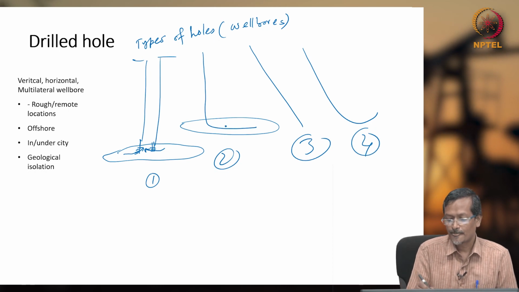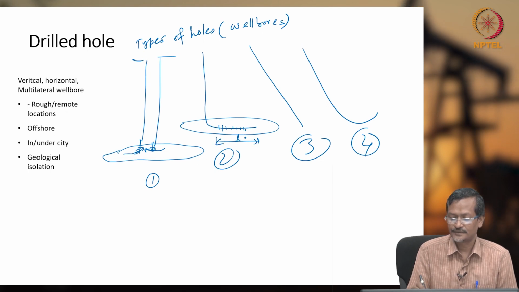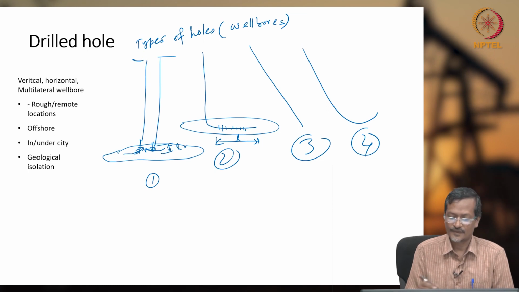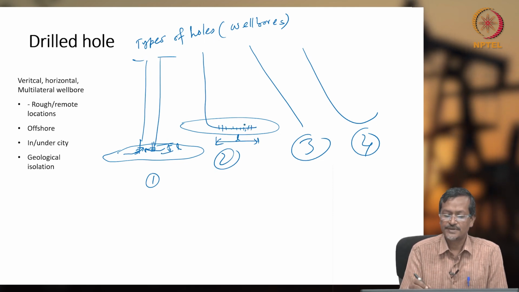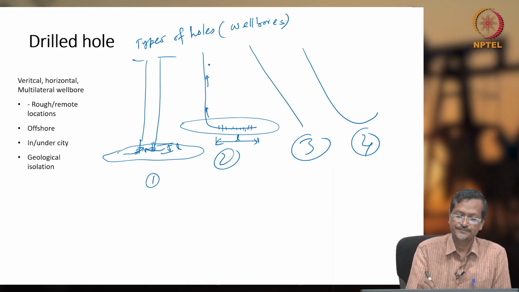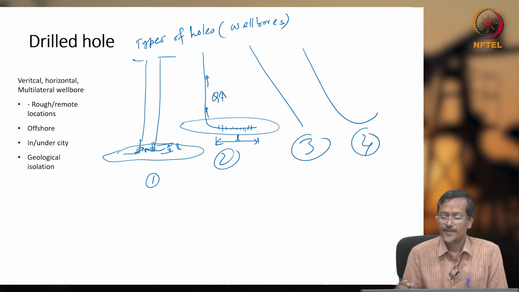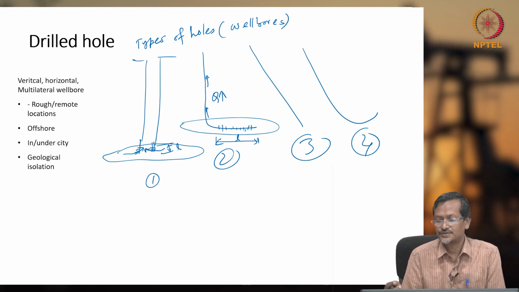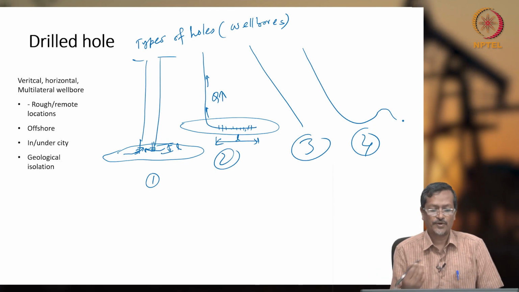In that case, you perforate, so you get a longer connectivity area, and in the vertical case you get only this one. So L is longer in case 2, which means you get more production and your flow rate will be more. In some cases you make horizontal wells based on your reservoir sizing or conditions, and in some cases S shapes. Many different shapes are possible to produce.